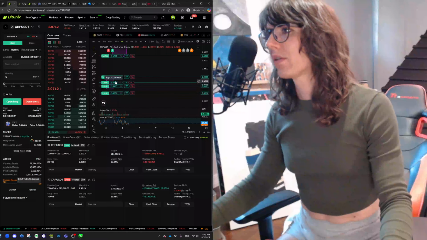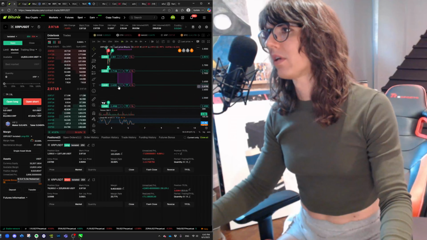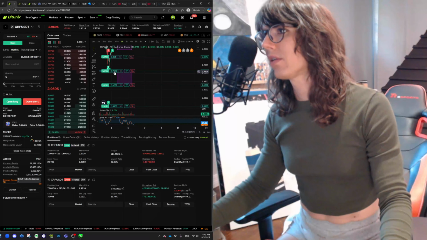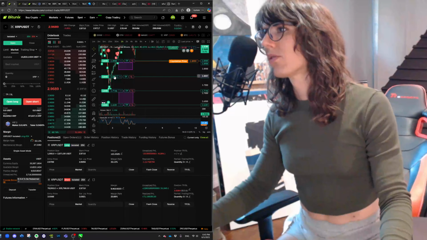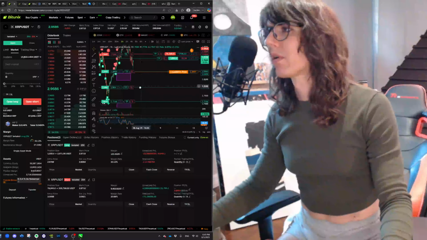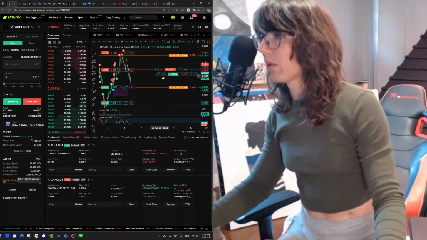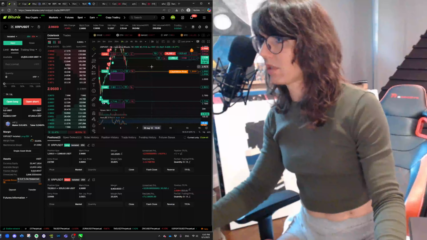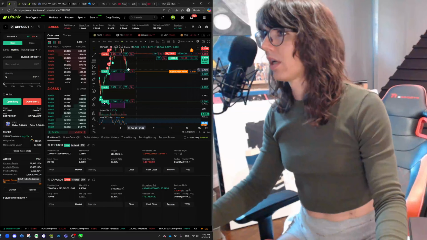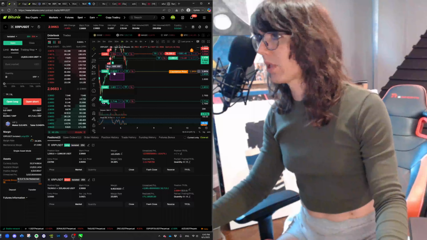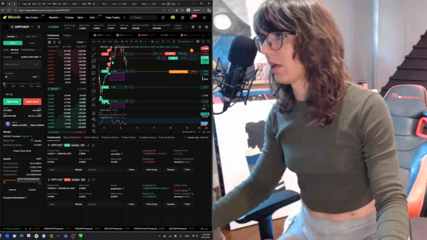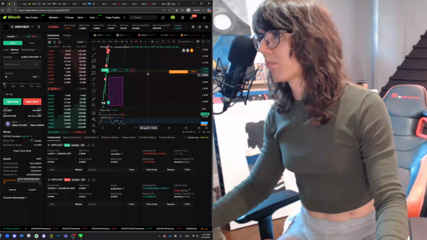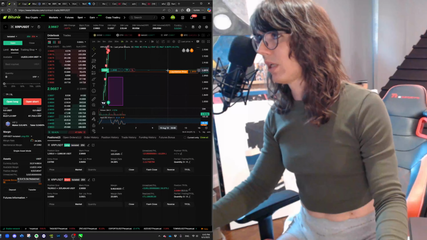20,000, 20,000, 10,000, 10,000, and over here 8,000, 4,000. So smaller orders on the way up. Right now I'm holding a 1,000 XRP long position, and I've got a 1,000 XRP long position set to trigger right at my liquidation price.